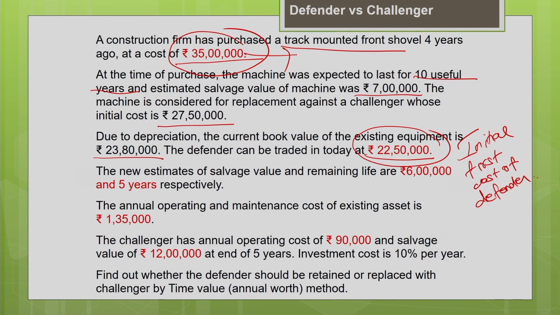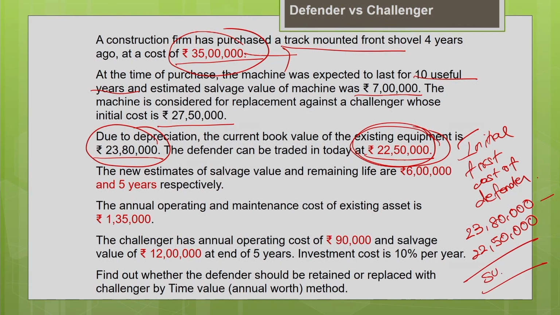You have estimated the book value of the machine using your depreciation accounting method in your accounting record as 23 lakh 80,000, but your current trade-in value is only 22 lakh 50,000. So, the difference, 23 lakh 80,000 minus 22 lakh 50,000, is your sunk cost.